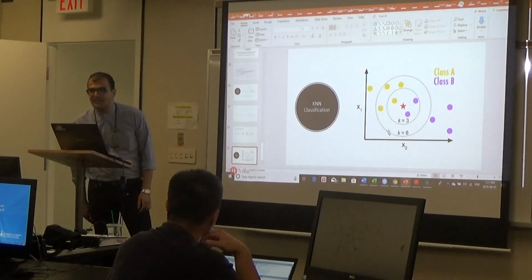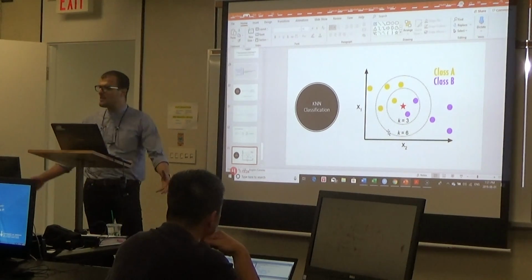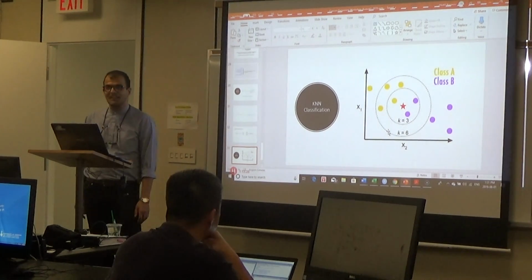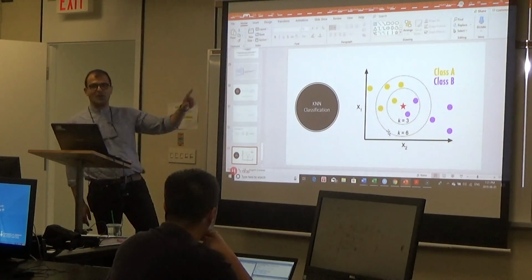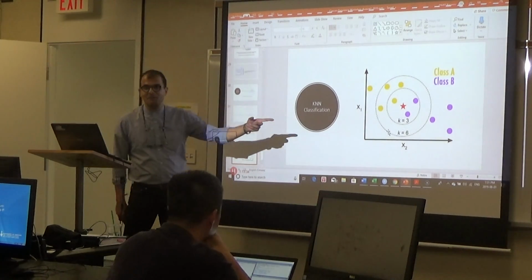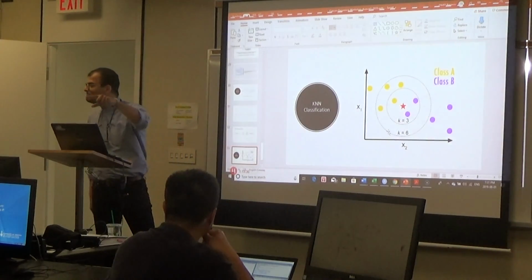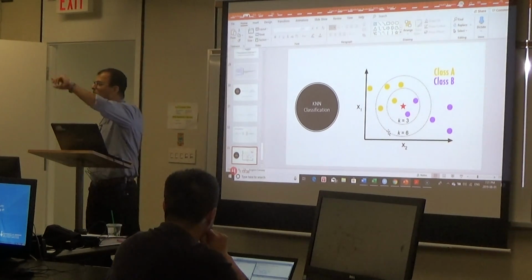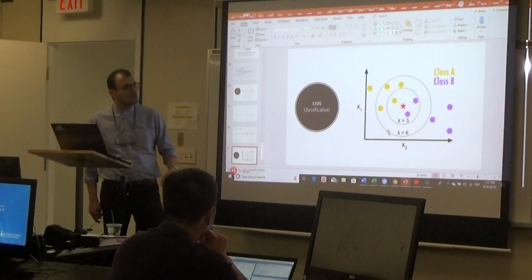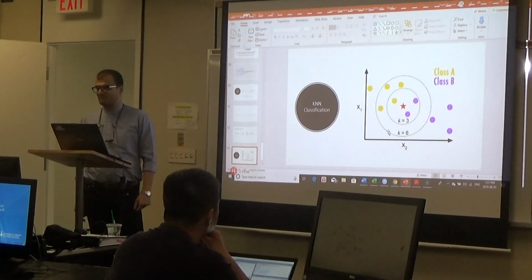Which one do you think it is? What is your best guess? For our purpose, purple can be Philadelphia chromosome, yellow can be no gene rearrangement. What is your best guess for the star?